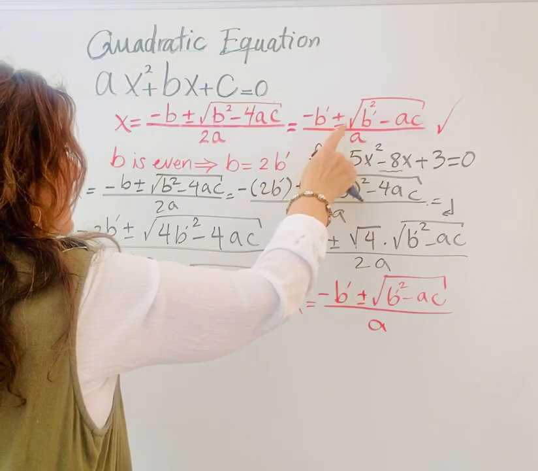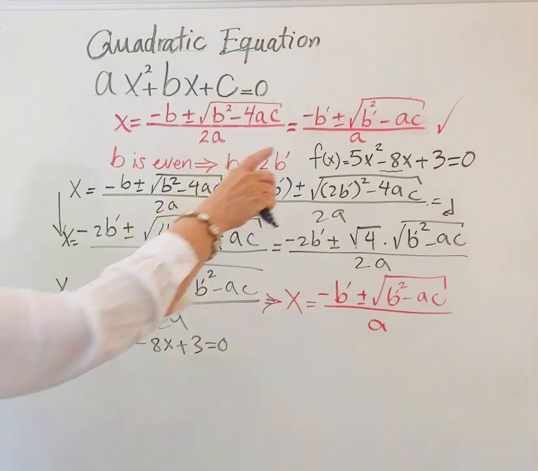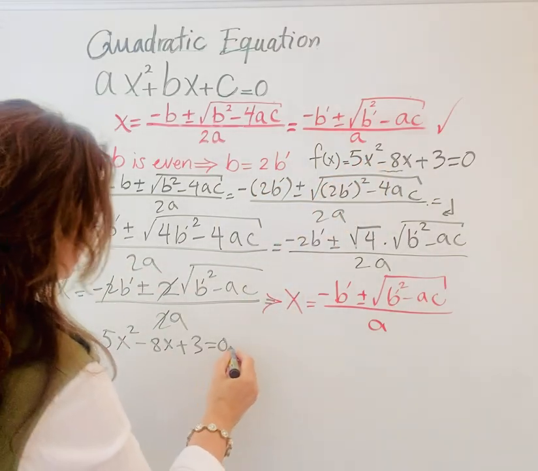I like this because it is a much simpler form, especially when you take a test, an SAT test or other assessment tests. The time matters to you, I know that. And sometimes you're dealing with very huge numbers. You use this one if b is even. Okay, now what can we do?